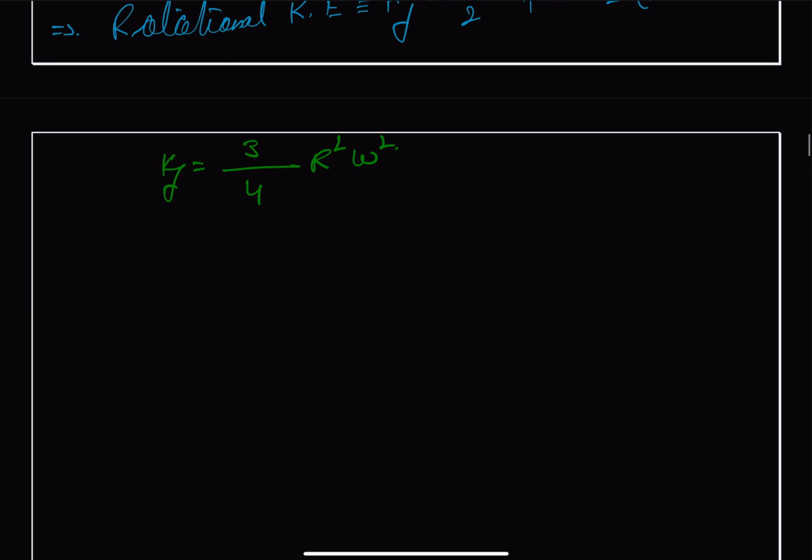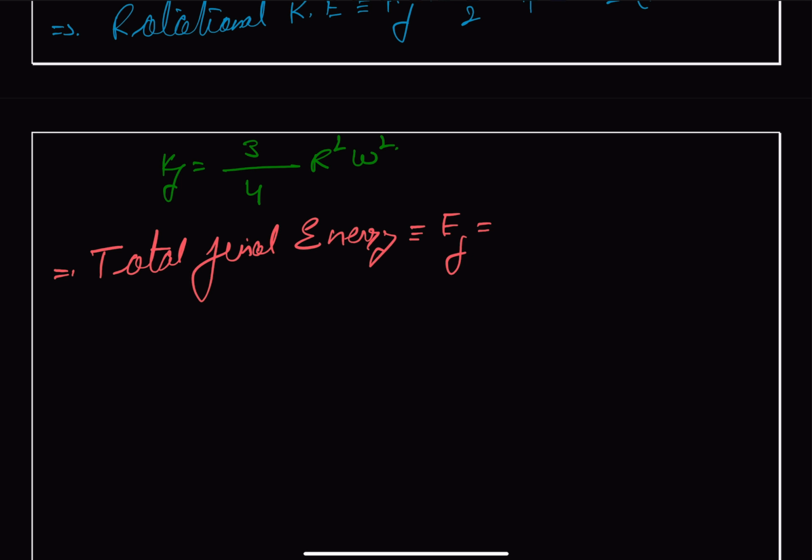Therefore, total final energy, let us call this EF, will be equal to potential energy final plus kinetic energy final, and this comes as minus 10 r plus 3/4 r square omega square.